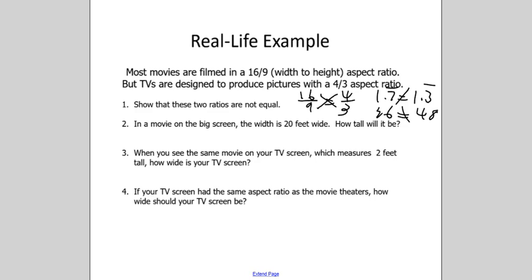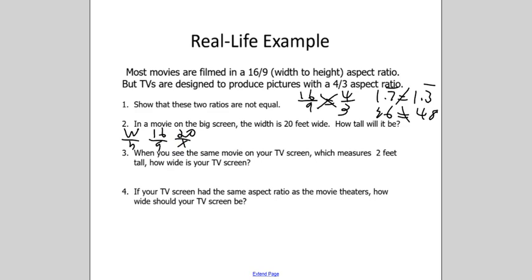Now, in a movie on the big screen, the width is 20. So a movie is 16:9, and remember, that's width and height. And I like to keep myself straight here. So the width is 20. How tall will it be?